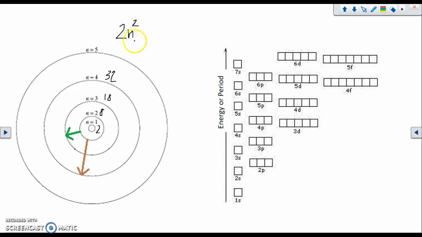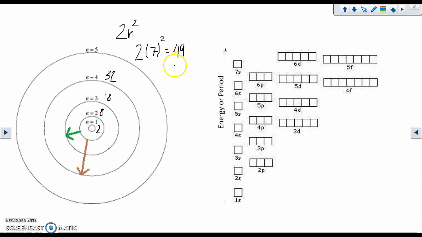So if we want to calculate the maximum number of electrons that the 7th energy level can occupy, we will write 2 times 7 squared. 7 times 7 is 49. And 49 times 2, folks, is 98.